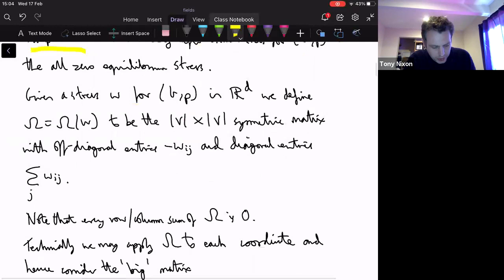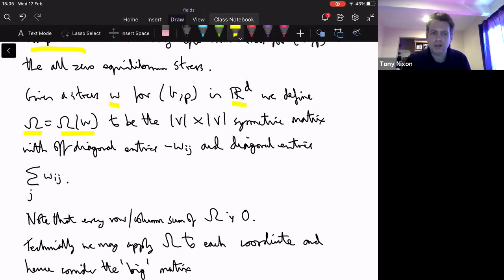Okay. So going back to the 80s and work of Bob Connelly, he defined a matrix that encodes these equilibrium stresses. Given a stress omega for our d-dimensional framework, we define an n by n, or |V| by |V|, symmetric matrix, Omega, and I'm going to usually write big Omega for the matrix and little omega for the stress, because it depends on the stress.